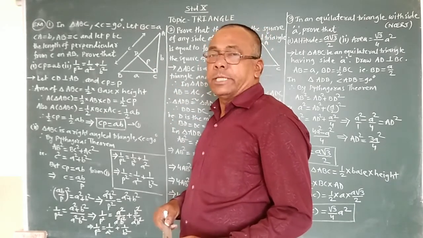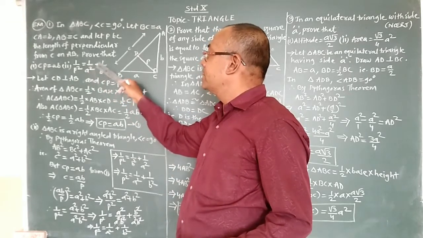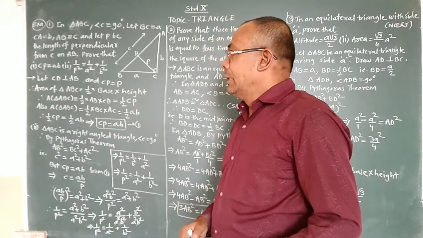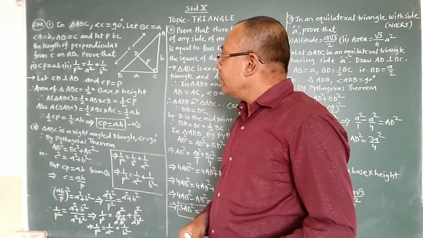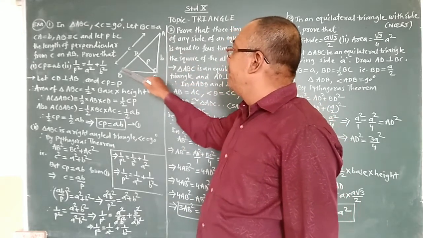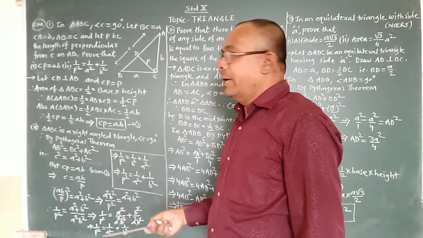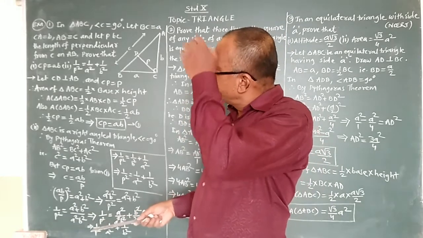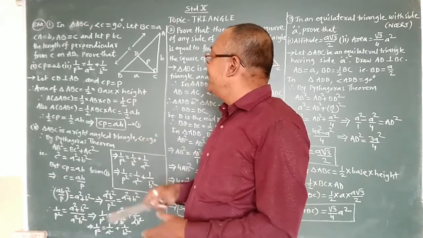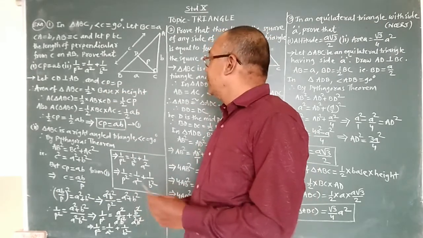And the second question is 1 upon p square is equal to 1 upon a square plus 1 upon b square. Here in right angle triangle ABC, CD is perpendicular to AB, and therefore CD is equal to p.